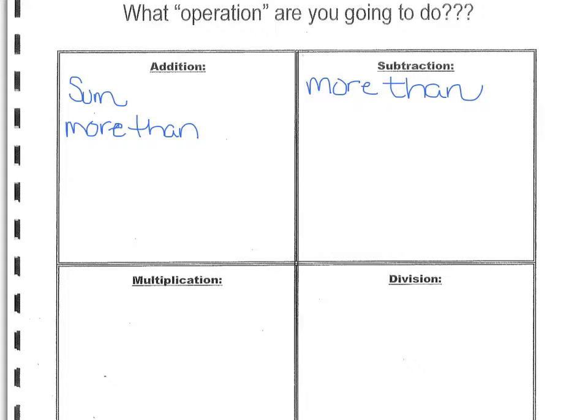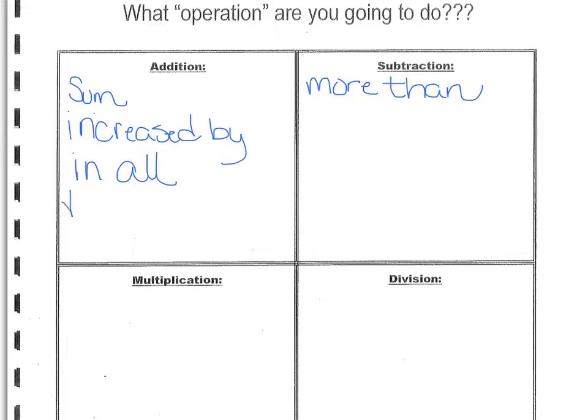So I'm going to actually take it off of my addition list because I don't want to confuse you. Increased by, that would be another one that would mean addition. In all. Okay. How about total? Altogether. Those are all things that make me think of addition.